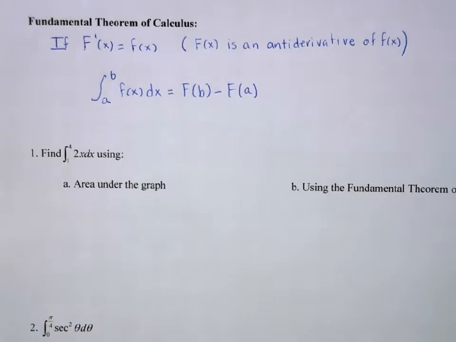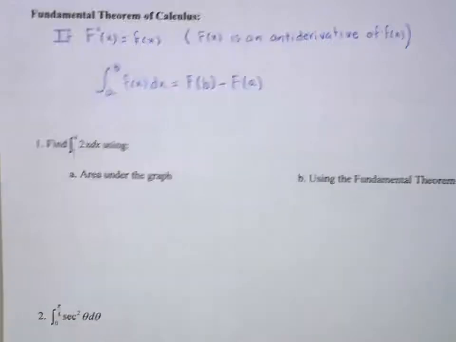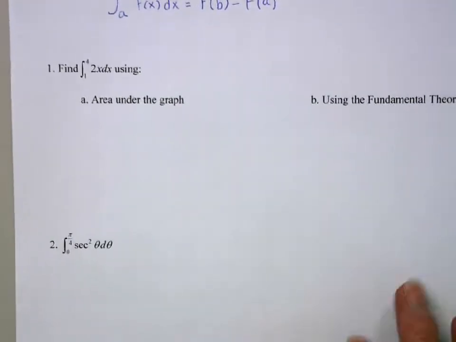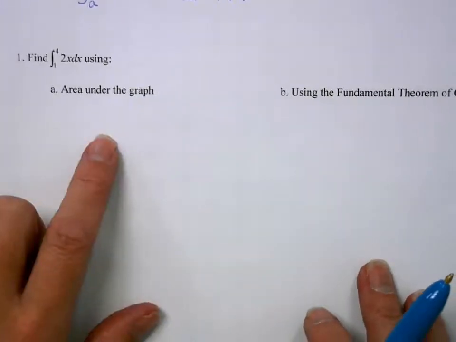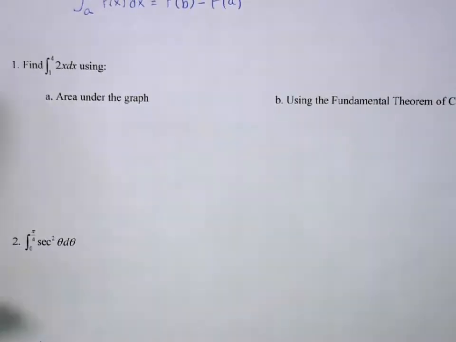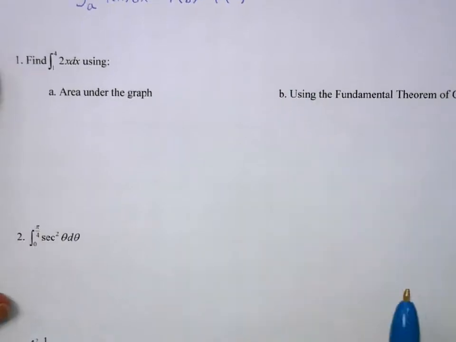So this is how we are going to calculate a definite integral without using area and all of those other things. So let's verify this. We're going to find the integral from 1 to 4 of 2x using our good old-fashioned area, and then we're going to use our newfound formula.